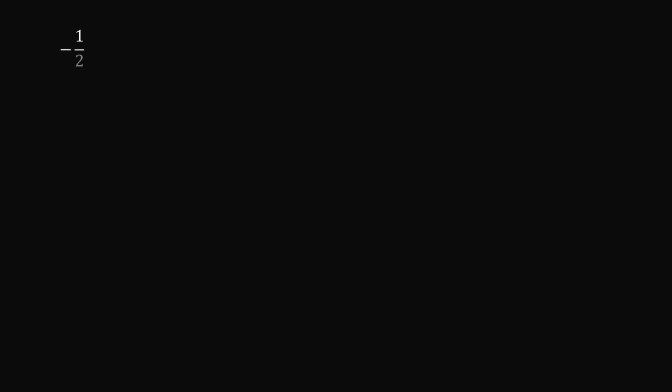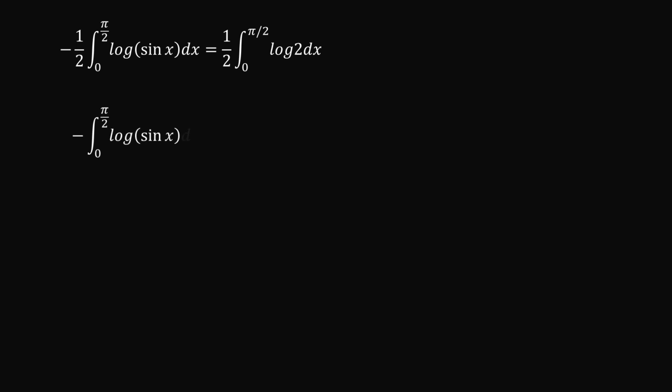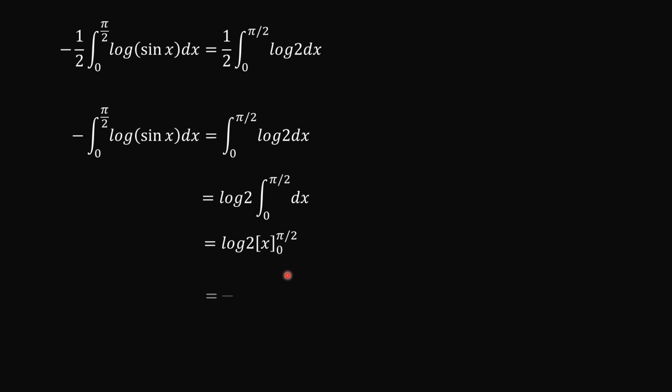So essentially, the integral of negative natural logarithm of sine x is the same as log 2 times the integral of 1. So log 2 times what we see here, which becomes pi over 2 times log 2.